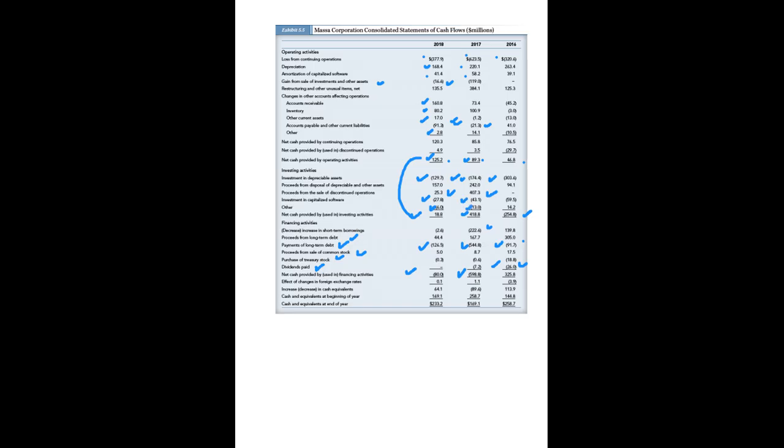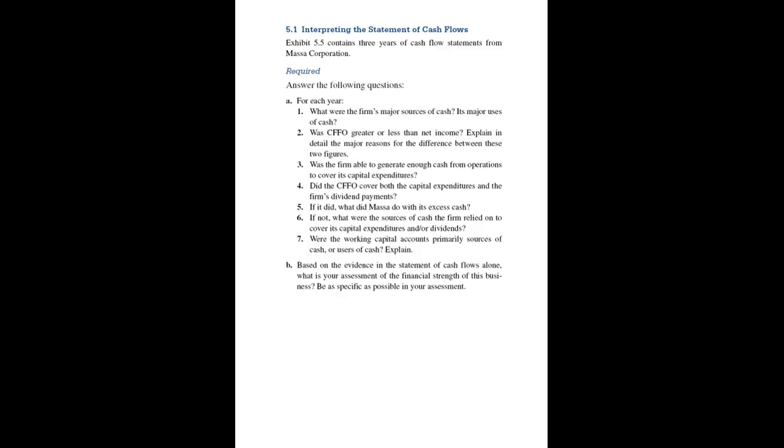Okay, then the next question is, was the cash flow from operating activity enough to cover both capital expenditures and the dividend payments? In question number 3 we already said that it was not enough. So of course for the dividend payments it will not be enough, because here they said capital expenditures and dividend payments, right? If it did, what did Marsha do with the excess cash?